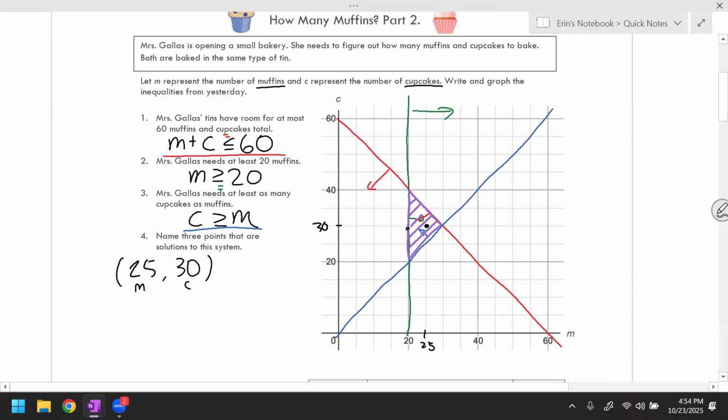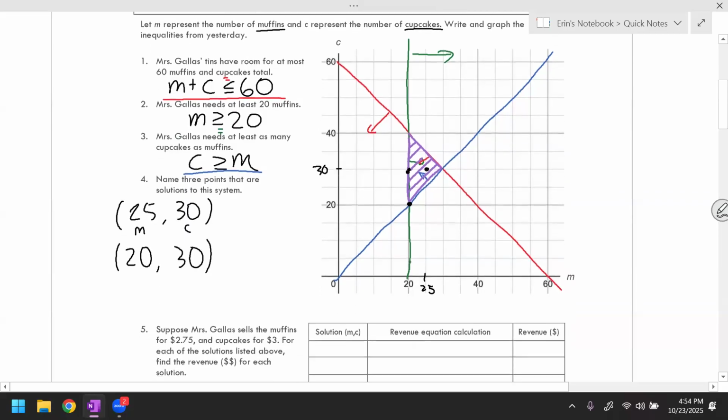How about over here? Maybe 20 muffins, 30 cupcakes. How about that? Can we be on the corners? Yeah, sure, because these are all solid lines. Solid lines are part of the region that they bound. So here, how about 20 comma 20? All right, that's fine. All three of these are solutions.